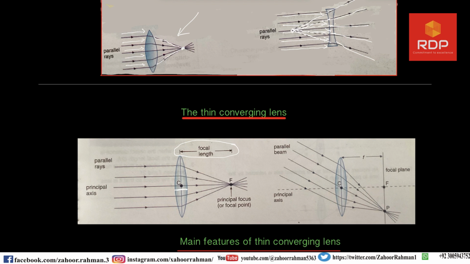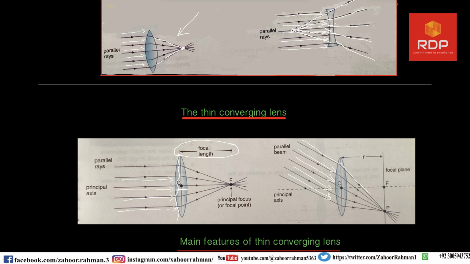You saw both of them. It is not mandatory that the parallel beam of light should come at 90 degrees to this lens. It might be like this. As you can see, both are thin converging lenses.